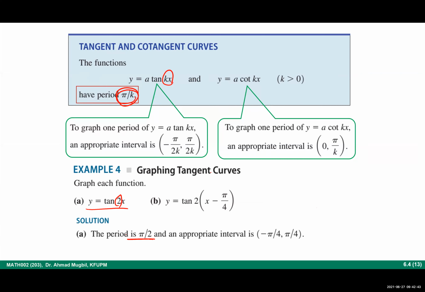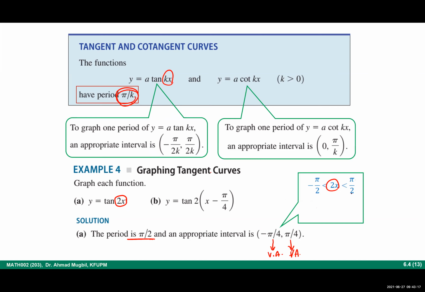You're welcome. Now, ya shabab, what is the interval that we will sketch the graph on? For this function, we need to find the first two vertical asymptotes. How to do that? Just put the argument, which is 2x, between negative pi over 2 and pi over 2.